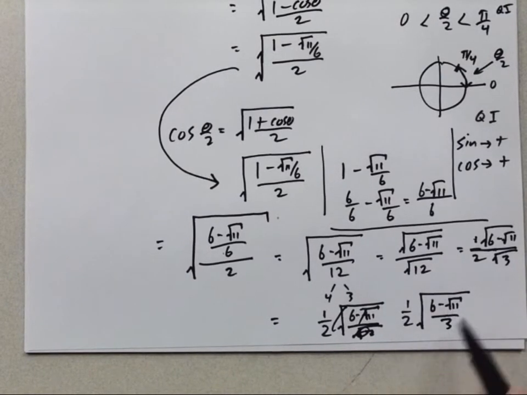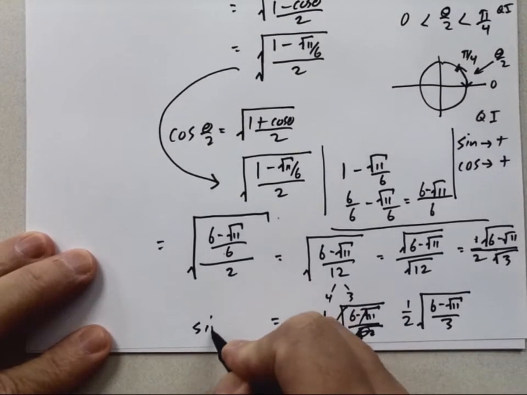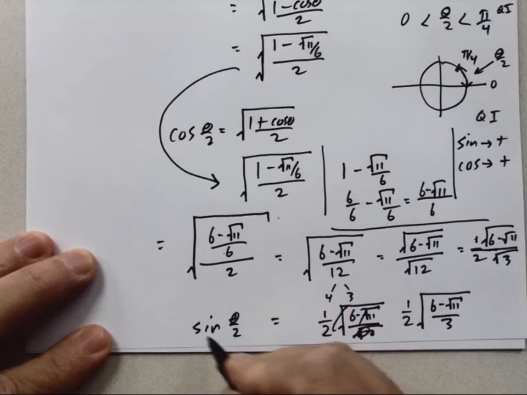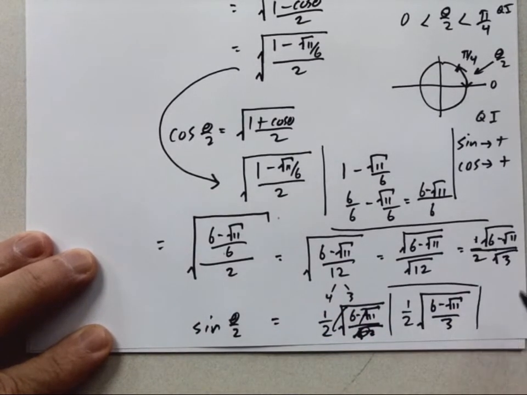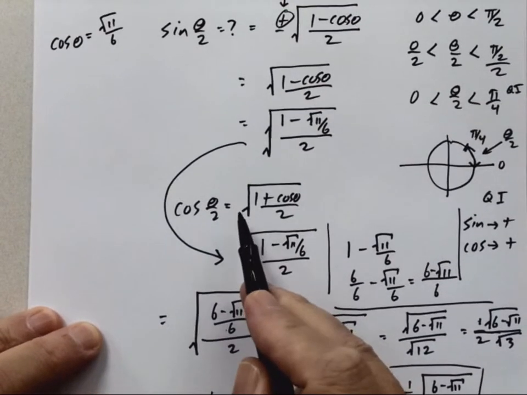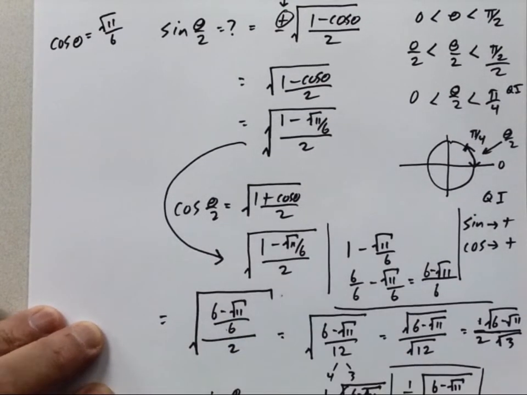That's why I've taken the time to show you this is a lot of pretty involved algebra. So this right here was sine of theta over 2. Now on the next page, we're going to have to figure out cosine of theta over 2.